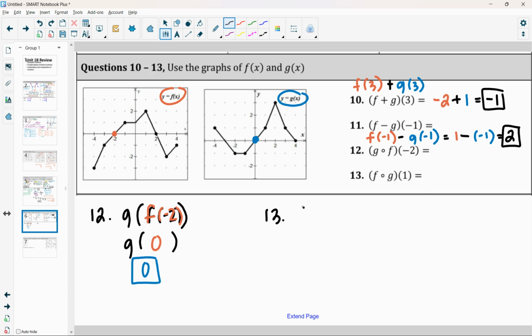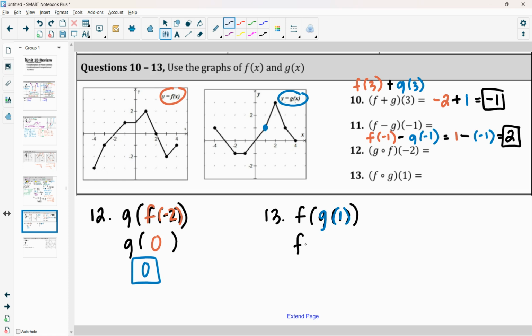Then in number 13, you're doing f of g of 1. This time you're starting at the g function and looking at what it is when x equals 1. On this g function, when x equals 1, y equals 1. So this whole thing right here was 1.